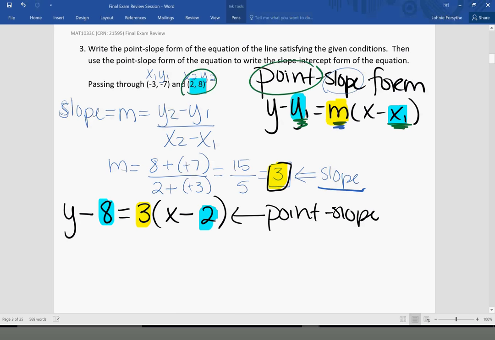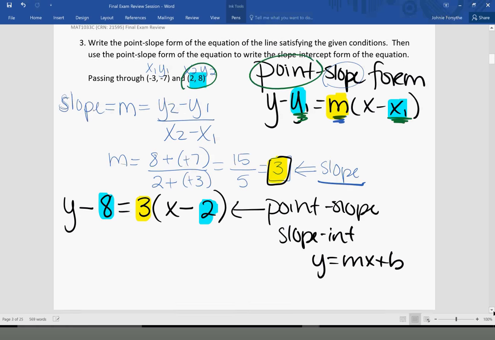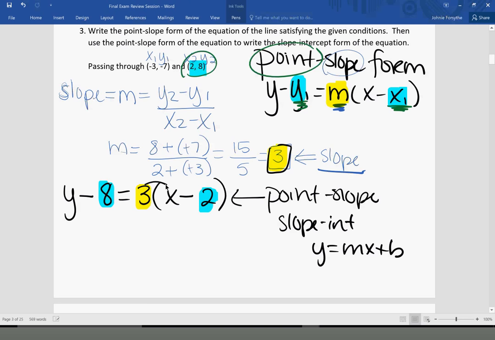Now to write your answer in slope intercept form, let's go ahead and simplify. So remember that slope intercept form is y equals mx plus b. All right, so let's distribute the 3.